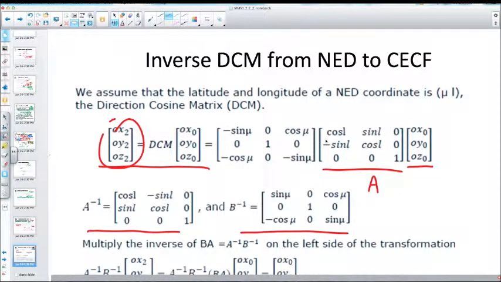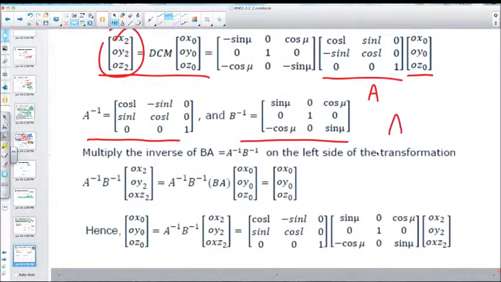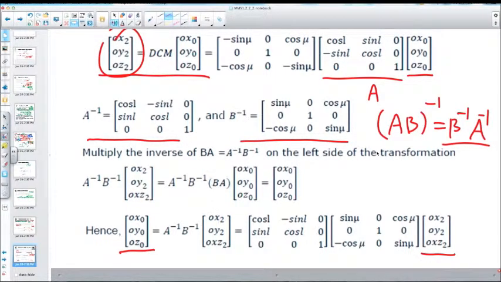Not only do you need to multiply the inverse, in order to undo your old rotation, you need to undo it in the reverse order. Now the inverse of A times B is going to be B inverse times A inverse by the property. So look, if I want to start from my local coordinate back to the global coordinate, what do you do? You're going to get this A inverse first.